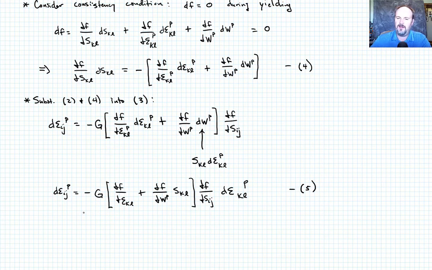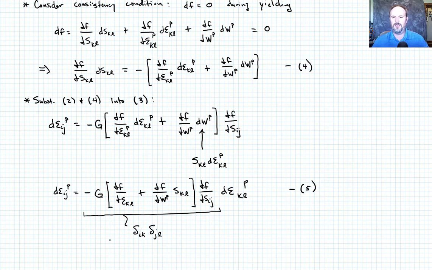Let's think about this whole quantity right here. What I have is that the plastic strain increment is equal to something times this plastic strain increment, but my indices don't match. I have an ij here and a kl here. The only way this can be true is if the quantity I just underlined is delta ik times delta jl, which swaps the indices. So let's write that equation out.